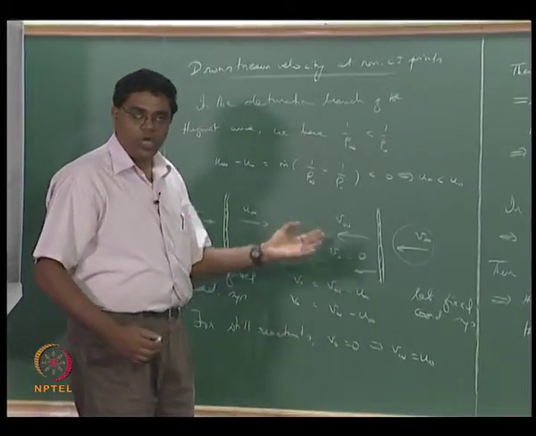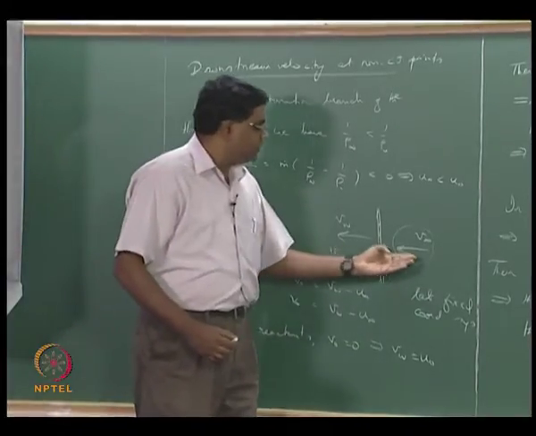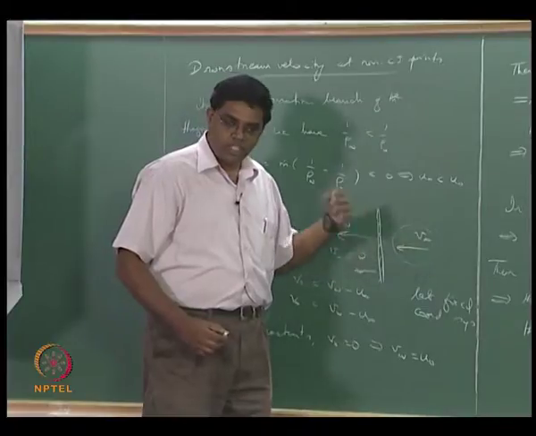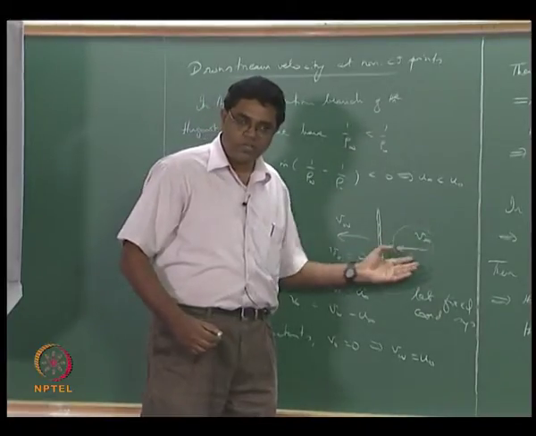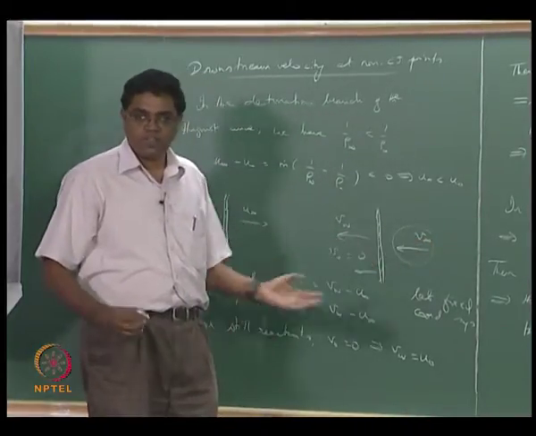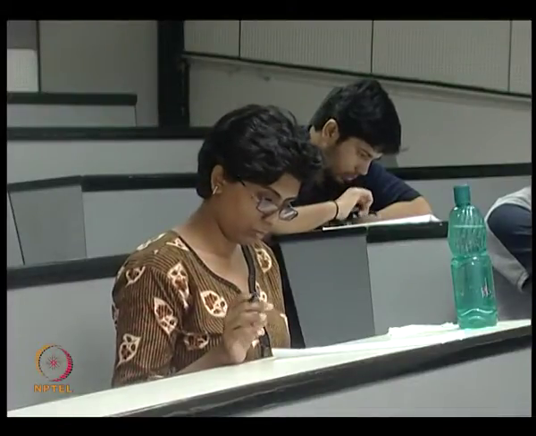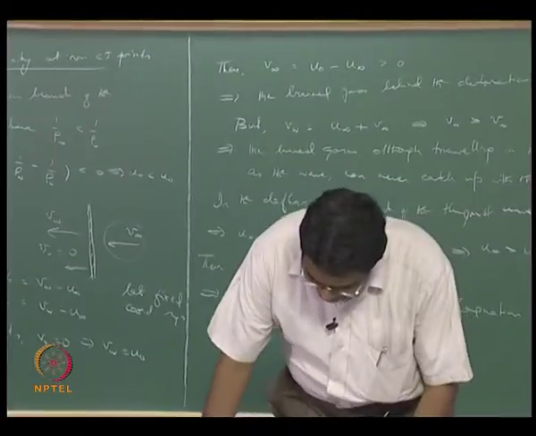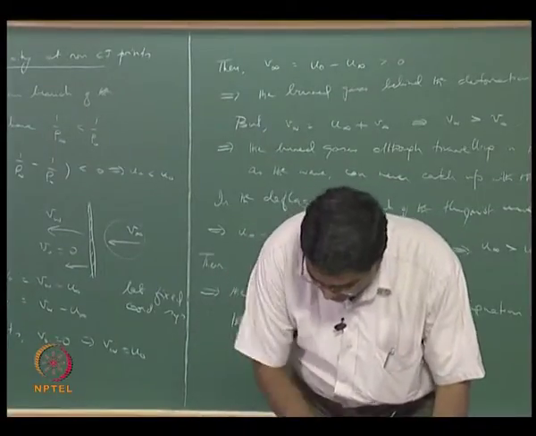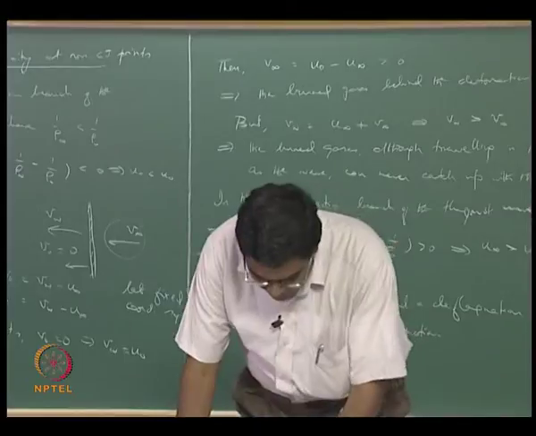And all you have to do then is to show that V infinity is negative in the case of detonations and remains positive in the case of deflagrations, so that you have to show the opposite. Maybe for the exam. But it should be the same.